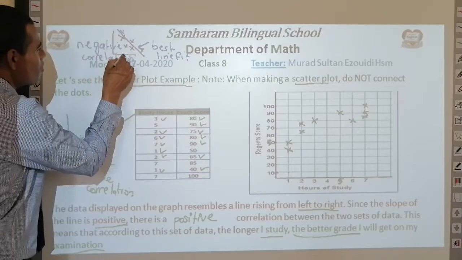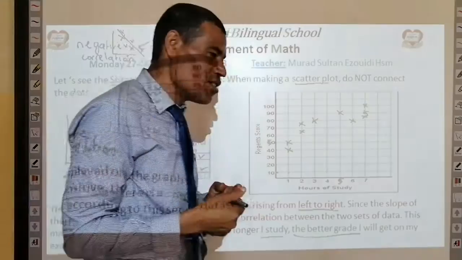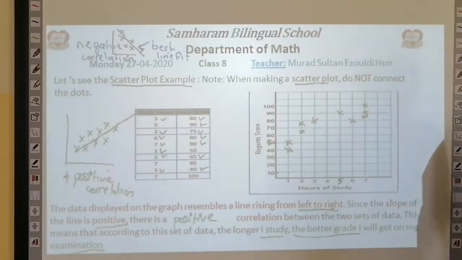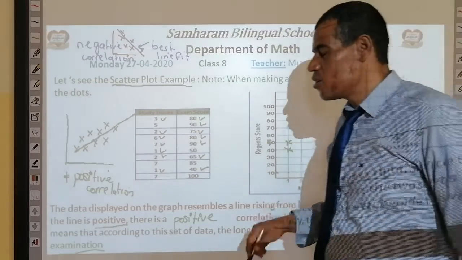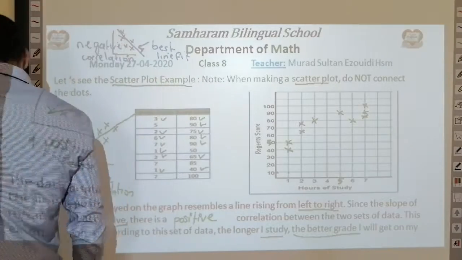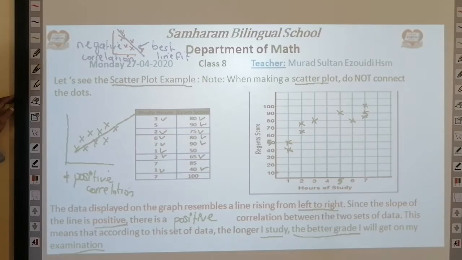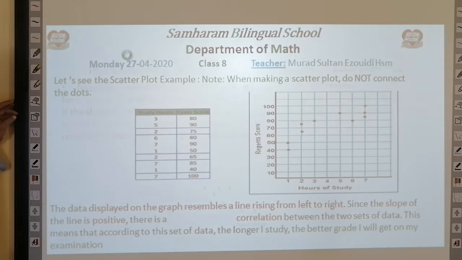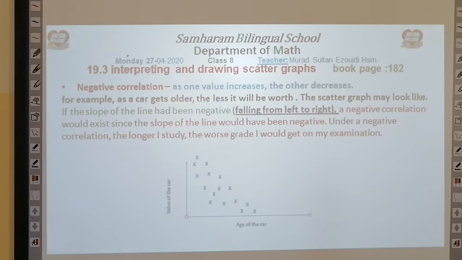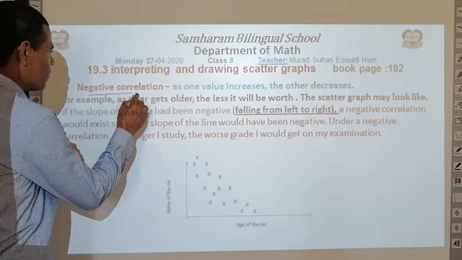Okay? So positive and negative correlation depends on the line of best fit, or on the gradient, or on the slope of the line of best fit. Now move to negative correlation. What does it mean?